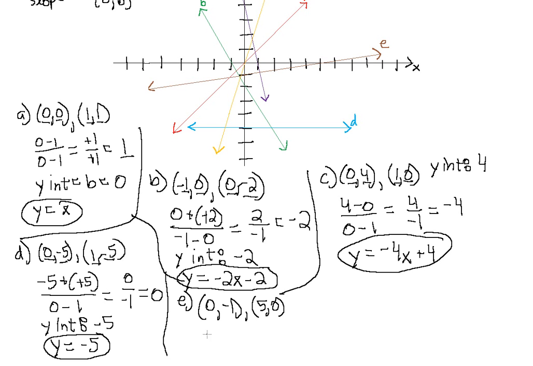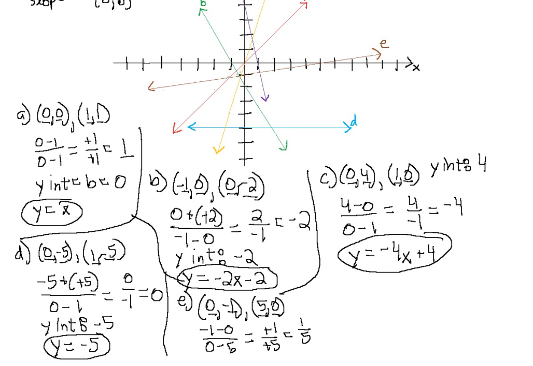Let's go ahead and find our slope. We have minus 1 minus 0 divided by 0 minus 5, which gives us a minus 1 divided by a minus 5. Negative signs cancel, so our slope is 1 over 5.